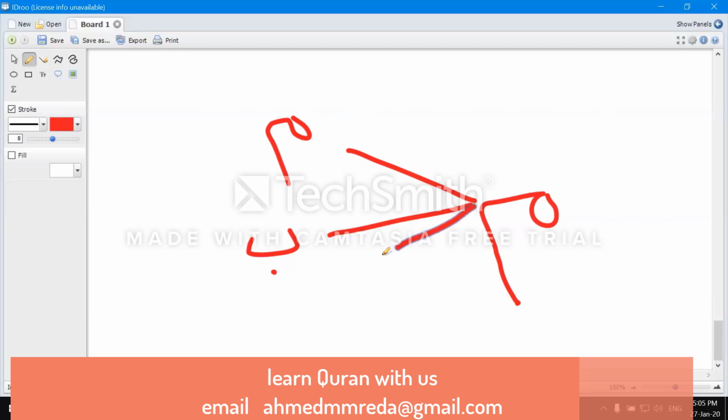And إظهار شفوي for the rest of the 26 Arabic letters. If meem sakin is followed by any letter other than meem or ba, you need to pronounce meem clearly, which is called إظهار شفوي. That makes sense, sister? Yes.